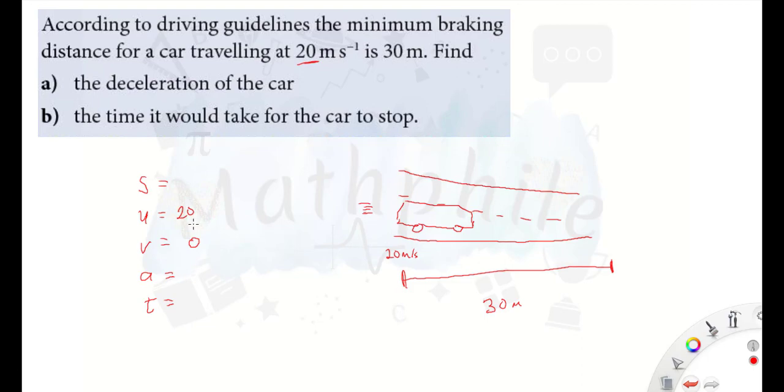So the initial velocity is 20, and during the 30 meters the car is going to come to a stop. So that becomes the final velocity. With these three values, you can now find A and T.